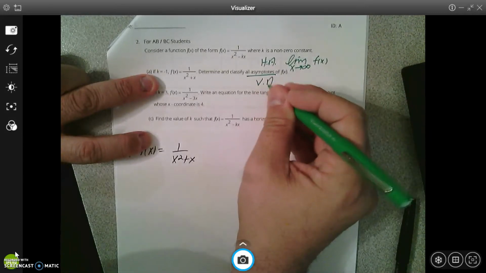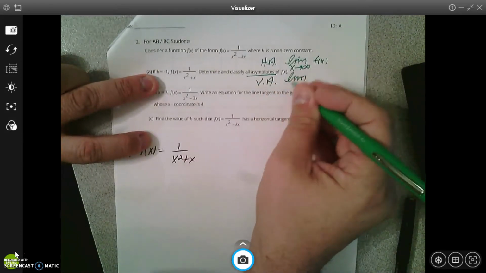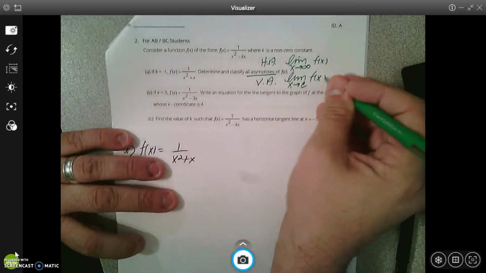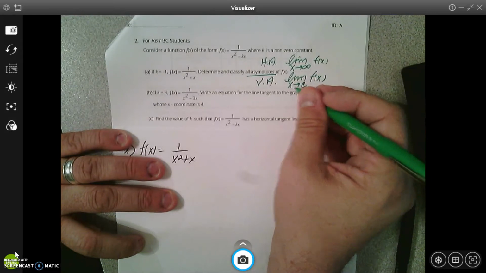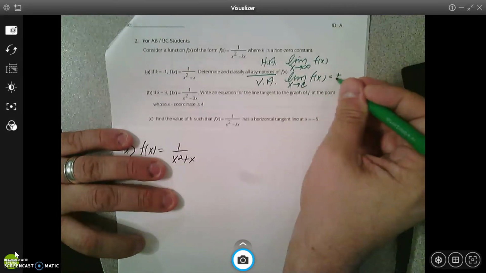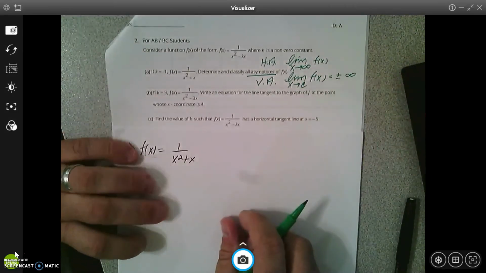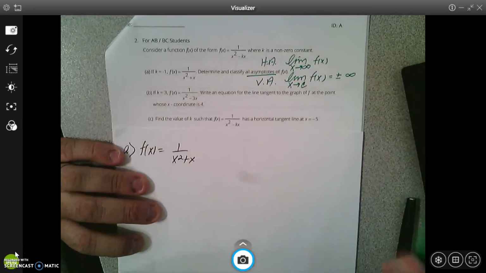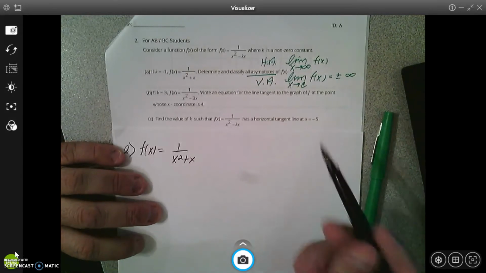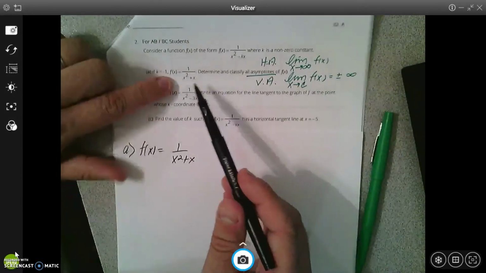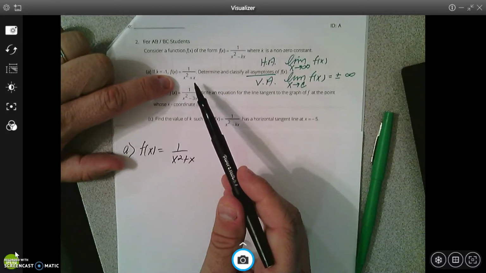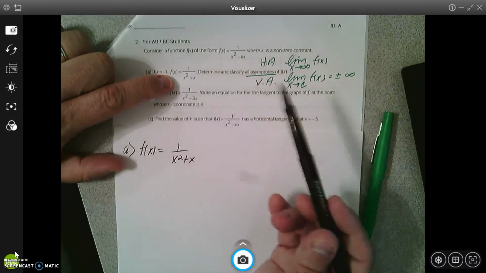For the vertical asymptote, we're looking for values of c such that the limit as x approaches c of the function is positive or negative infinity. That's the technical limit definition. And if this was a calculator active question, it would be relatively easy to type this function into the calculator, look at the graph, and determine the asymptotes.